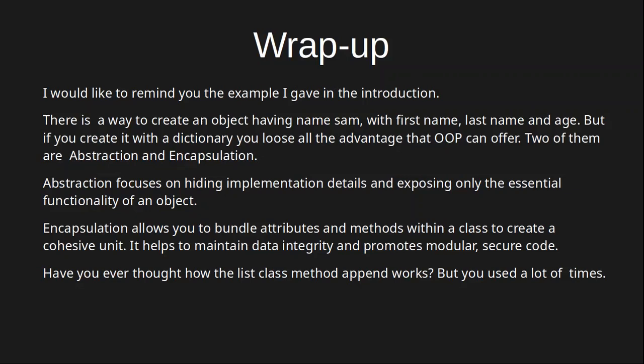Abstraction focuses on hiding implementation details and exposing only the essential functionality of an object. Encapsulation allows you to bundle attributes and methods within a class to create a cohesive unit. It helps to maintain data integrity and promotes modular, secure code.